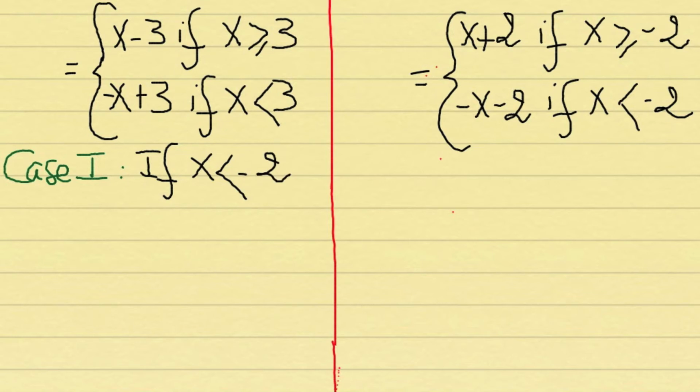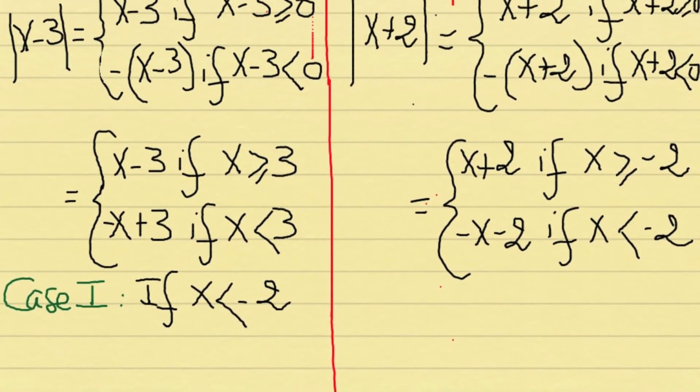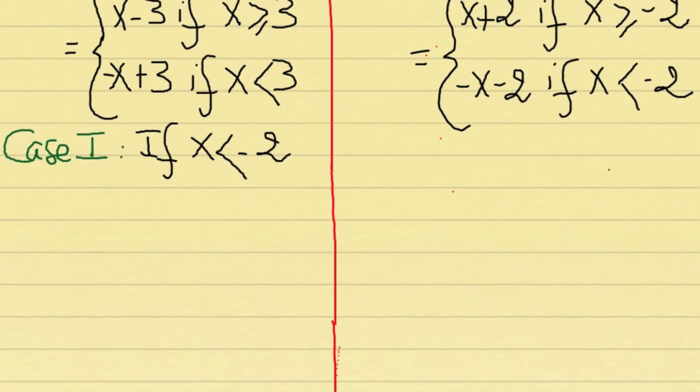Now if x is less than negative 2, apparently the absolute value of x plus 2 will be negative x minus 2, and same thing for the absolute value of x minus 3, it's going to be negative x plus 3, meaning we're going to take off the bars and switch the signs of whatever is inside the absolute value.